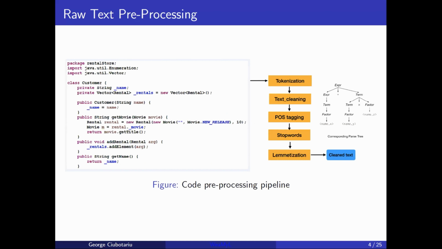So this is how a pipeline should look. Mostly it is about taking the code, and we, as programmers, have languages, say Java here.